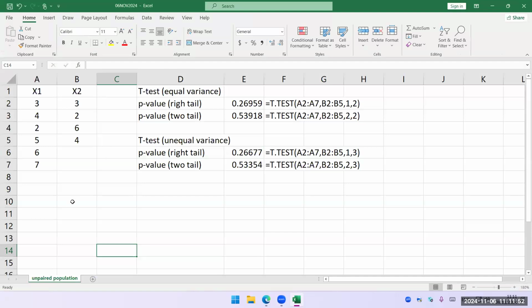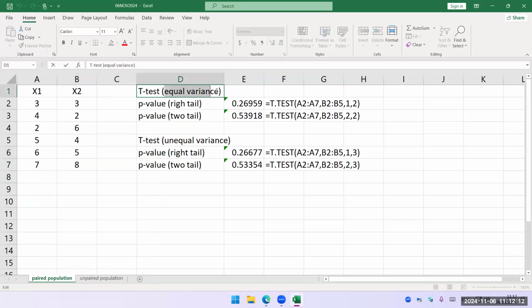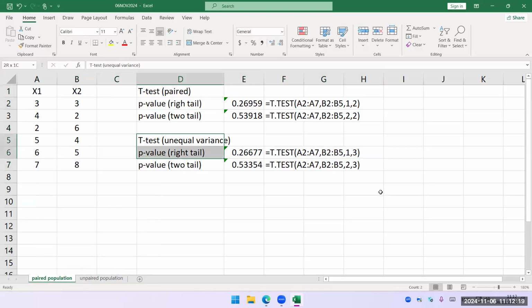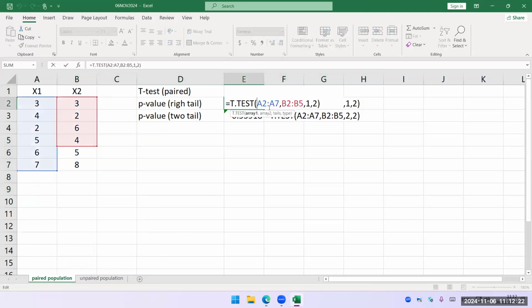Now let's look at the case where we have the paired one, which I was just too lazy to copy. So paired means before and after, we will have the same number of observations. Okay, suppose it's paired. Okay, and what we need is the following, right? We'll just do it again.